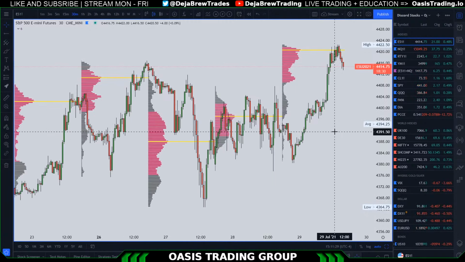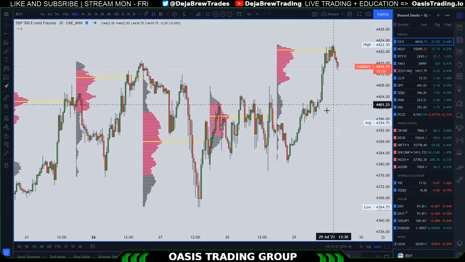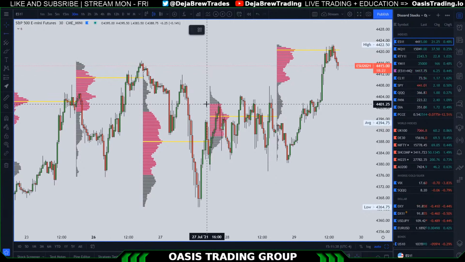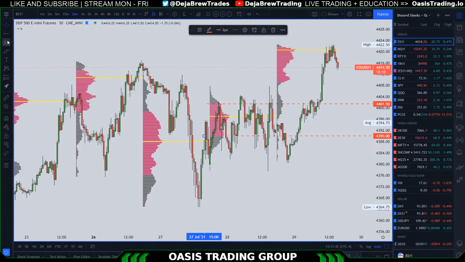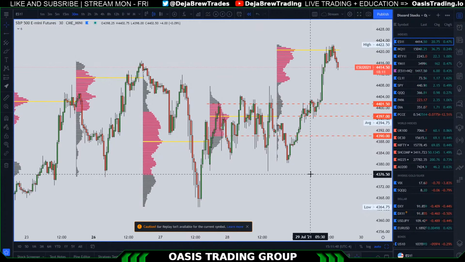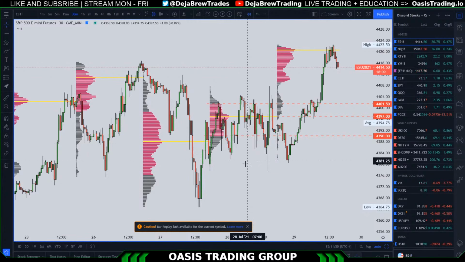So what we're going to start off with is today's profile, as we can see here. We're going to go to the previous day to find the very important levels. So we have the value area high, the value area low, and then we have the POC, okay? I'm also going to replay this so we can pretend bar replay isn't available.